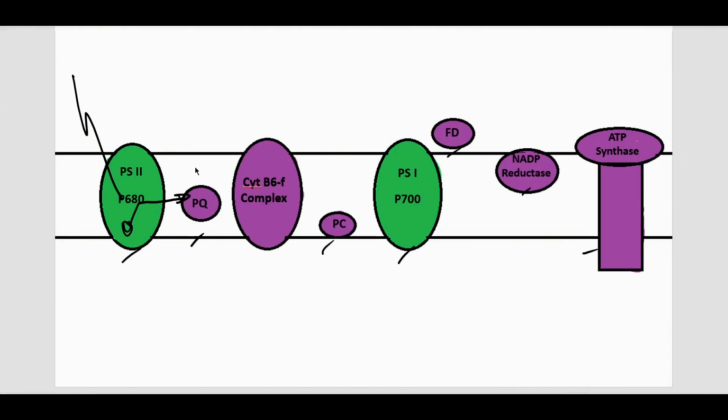But now, the chlorophyll in PS2 has lost its electrons. To replace them, water molecules are split in a process called photolysis. Say for example, we have here a water molecule. What's going to happen is that it will be split into oxygen, hydrogen ions, and electrons.